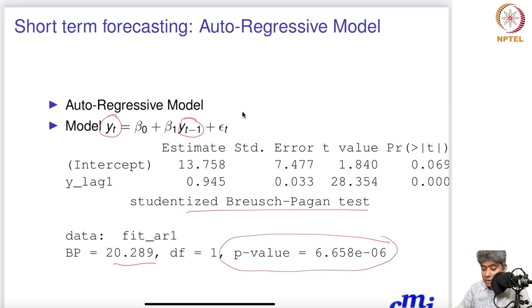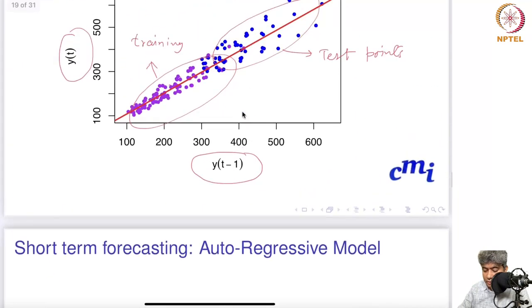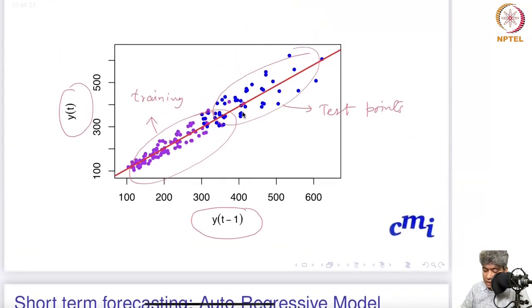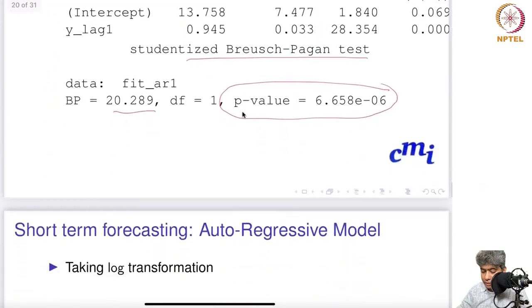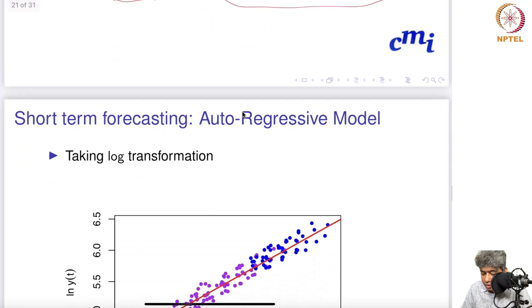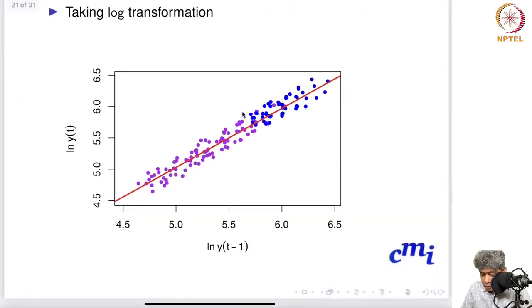That means there is a big bunch of heteroscedasticity, because the training data was kind of tight, but the test data was kind of spread out. So the residuals are not homogeneous, they are heterogeneous, and the Breusch-Pagan test will reject homoscedasticity and go for heteroscedasticity.